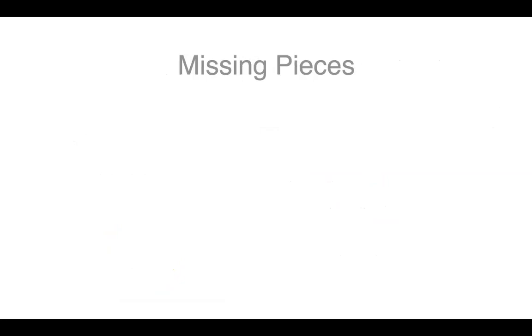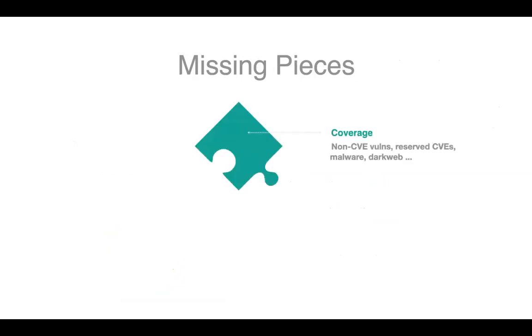Okay, so here's how we think about the process and which pieces are typically missing from vulnerability management processes. First off is coverage. It's important to understand risk in totality. It's not fair to look at just disclosed vulnerabilities and say, hey, that's my whole risk, because there's a whole other component to that. That's these non-CVE vulnerabilities. Reserved CVEs are, maybe something's out there, but it's just not baked yet.